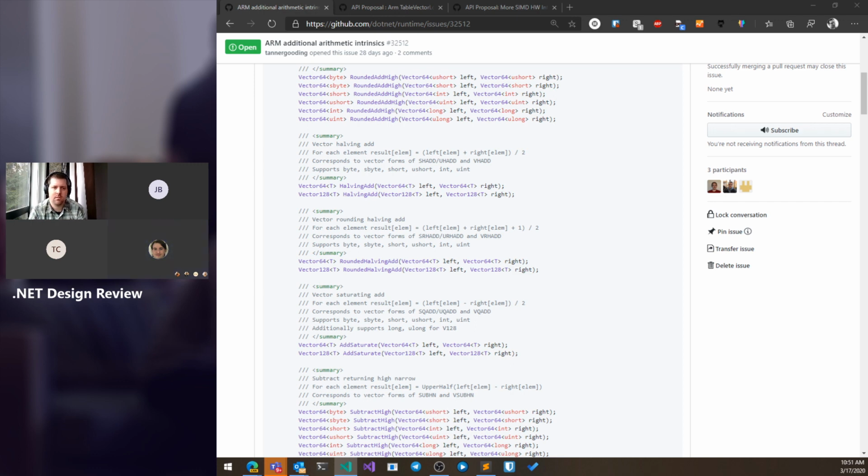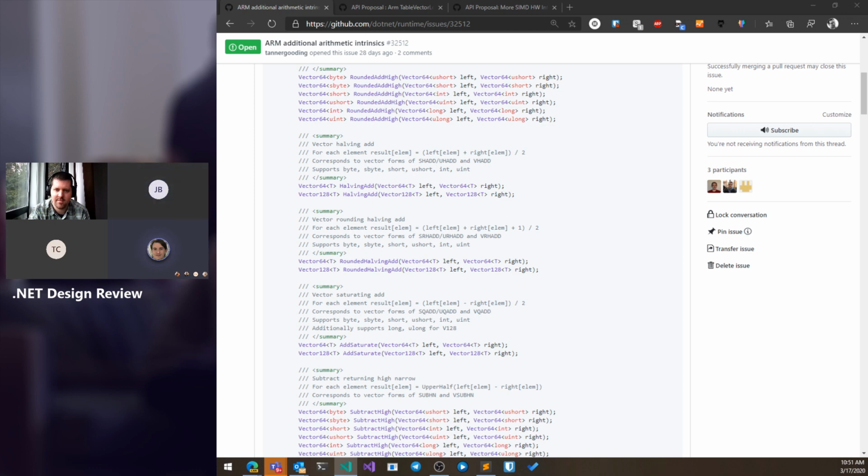So for prefix versus suffix again, do we want it to group under H or under A? So add halving or halving add, and then the next one being add halving rounded, etc. Yeah, I don't know if add halving in particular.